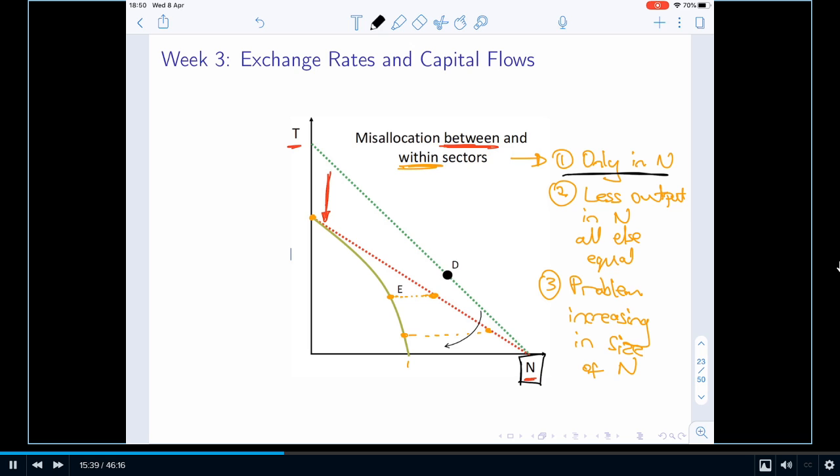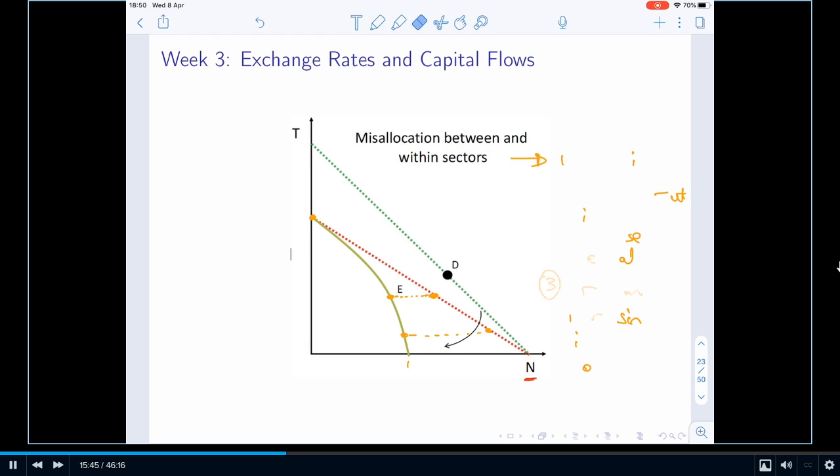Okay, so a key thing to take away from all of this, now that we've understood how to link this diagram with this concept of misallocation within and between sectors, is to think about what effect this is going to have on two things. One, productivity, and on a related note, resource allocation.